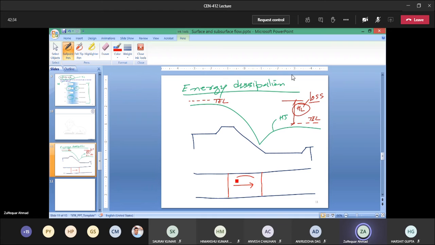And if we do not dissipate the energy here, in that case the residual energy will be high, right? Residual energy will be high, and what that will do is erode the bank and the bed of this canal or the river. Okay, so that is not desirable. So high residual energy is not desirable, and that is to be dissipated.